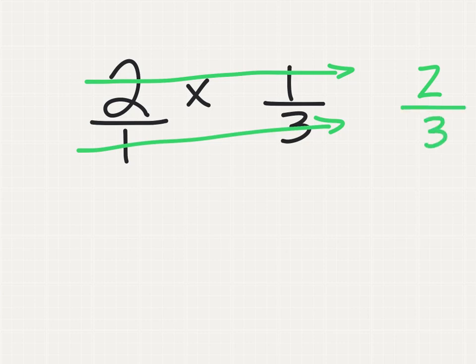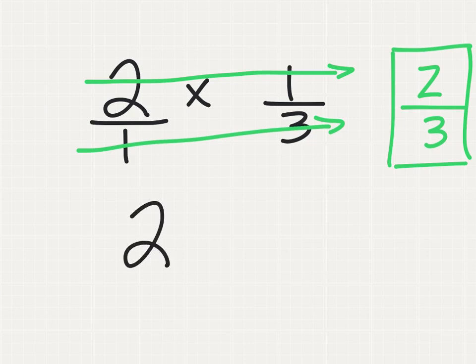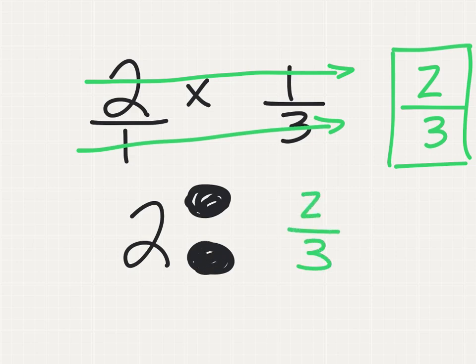My product is 2/3. My original quantity was 2 whole things, which I could model like this. My product is 2/3, which I could model like this.